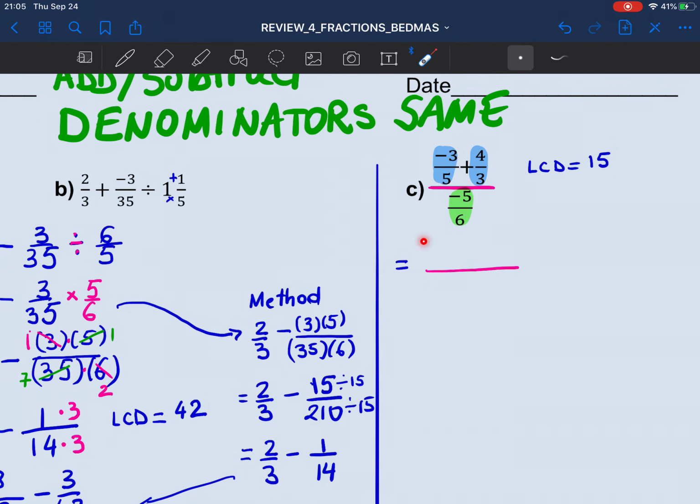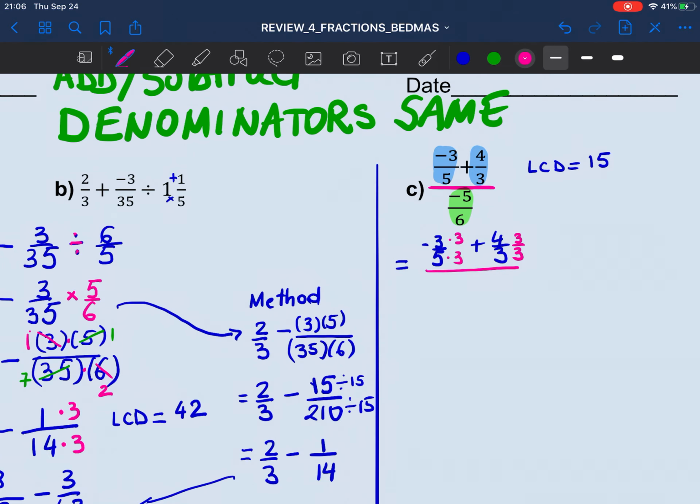And I'm going to think again. Negative 3 over 5 must have a denominator of 15, so multiply by 3, top and bottom. On the other hand, 4 over 3 must have a denominator of 15 as well, so multiply by 5 over 5.